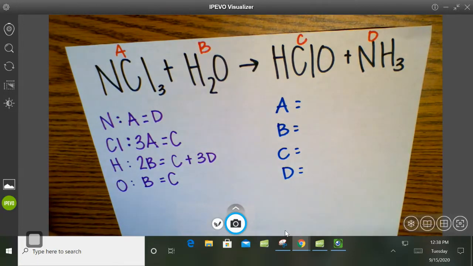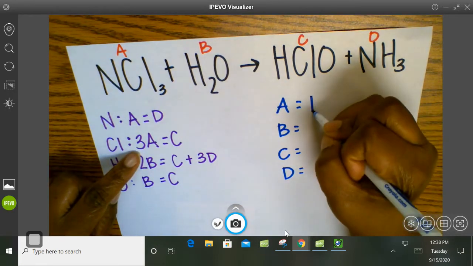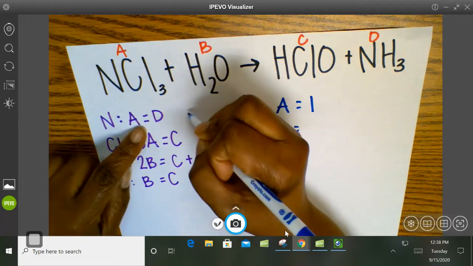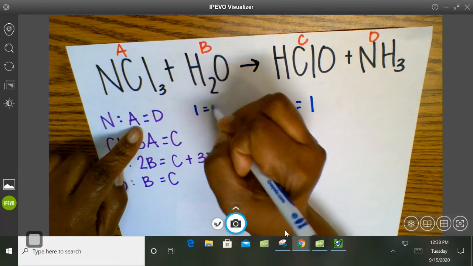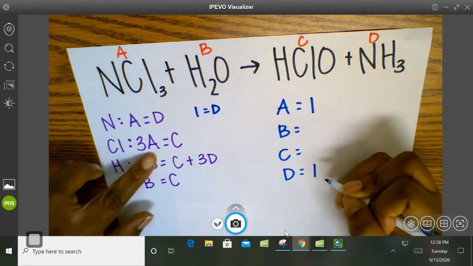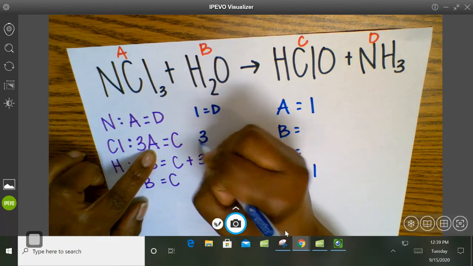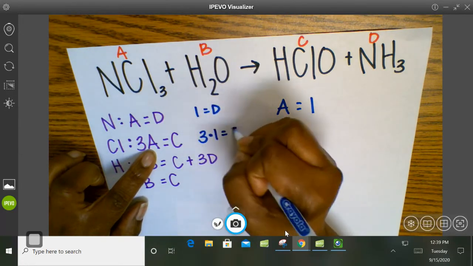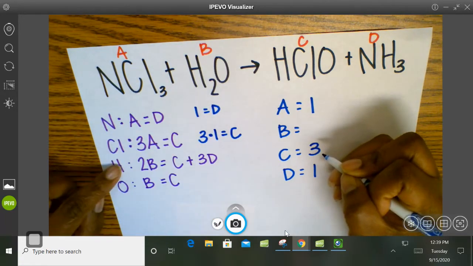And just looking at my equations, if I make A equal to 1, okay, and I substitute it in, if A is equal to 1, then D is equal to 1. If A is equal to 1 and I substitute it in here, 3 times 1 equals C. So C is equal to 3.